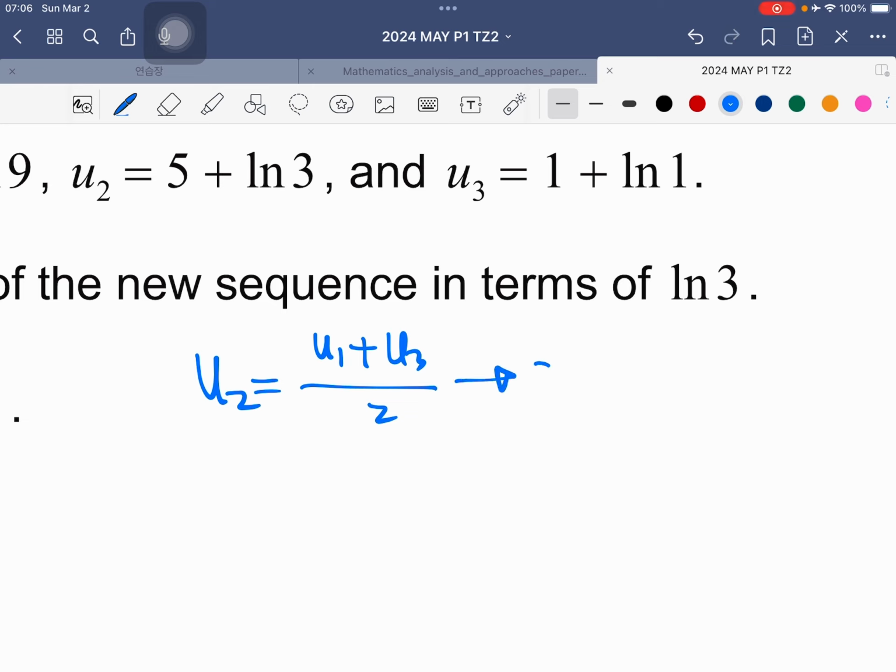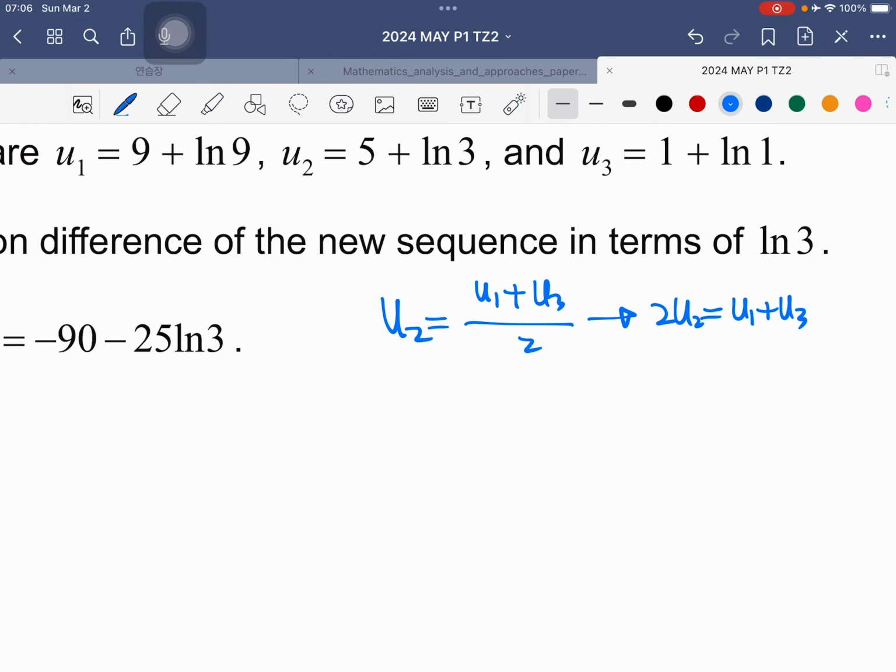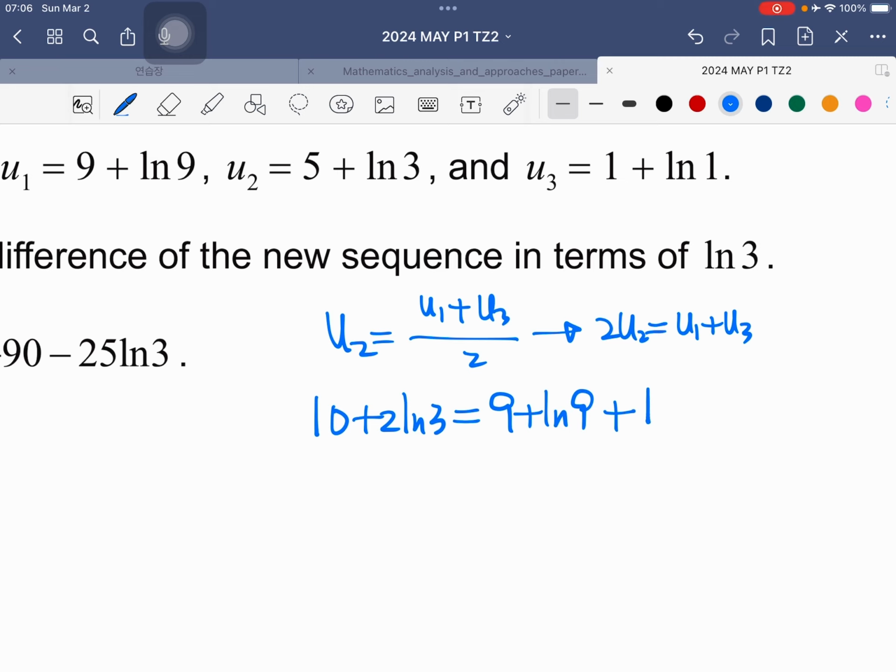Which means that 2 times U2 is U1 plus U3. So 2 times U2, which is 2 times 5 plus ln 3, so 10 plus 2 ln 3, equals U1, which is 9 plus ln 9, plus U3, which is given as 1 plus ln 1. ln 1 is actually 0.